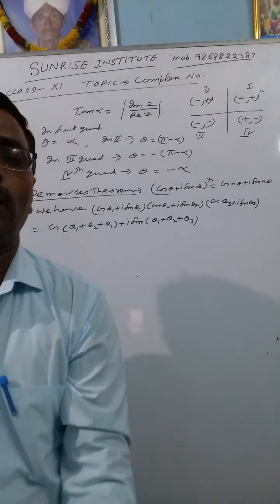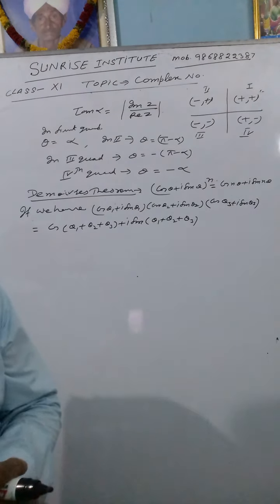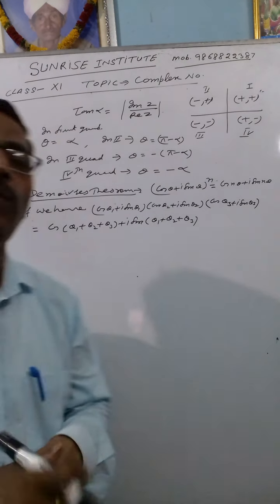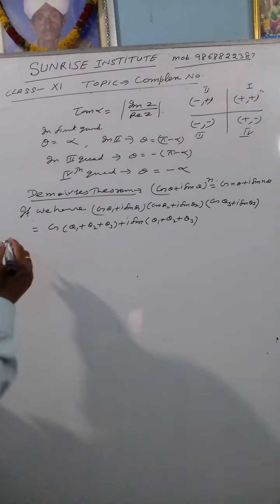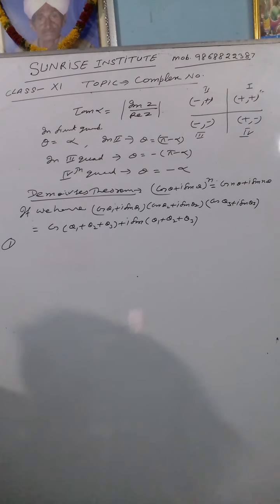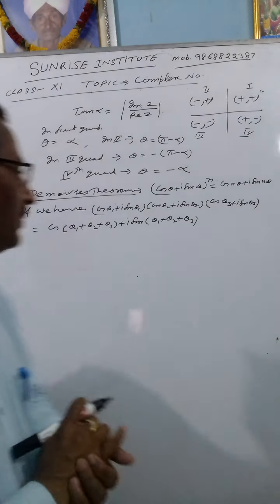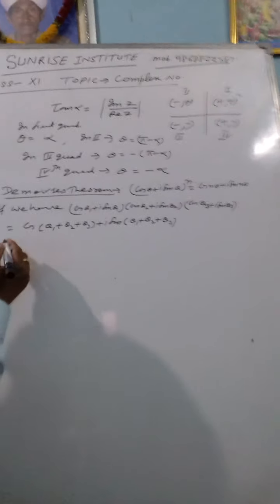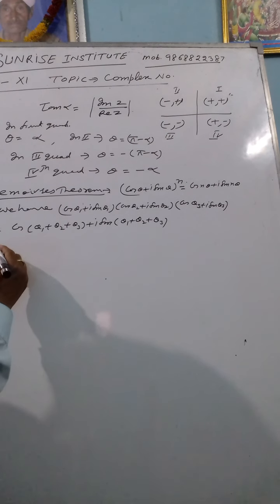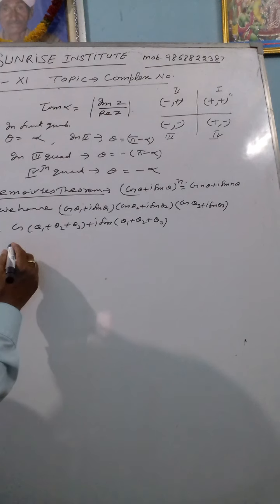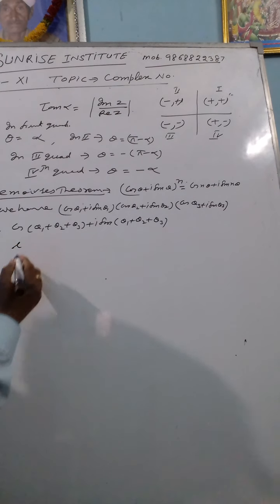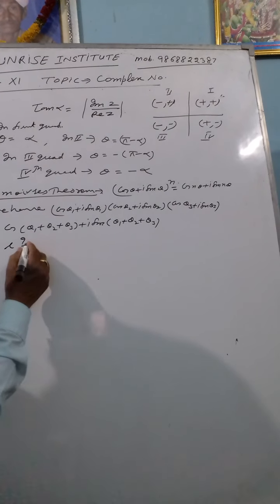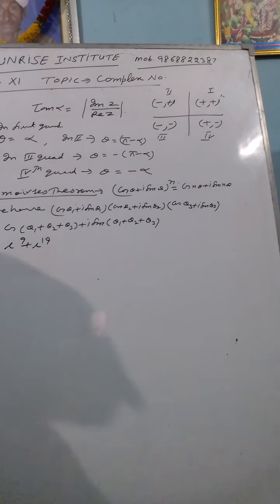Now take some examples based on writing in complex form. First example: iota 9 plus iota 19.